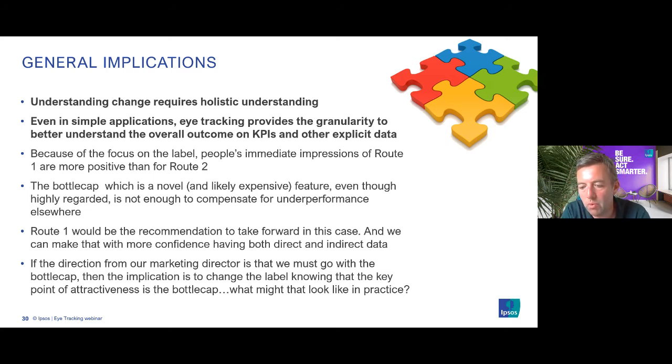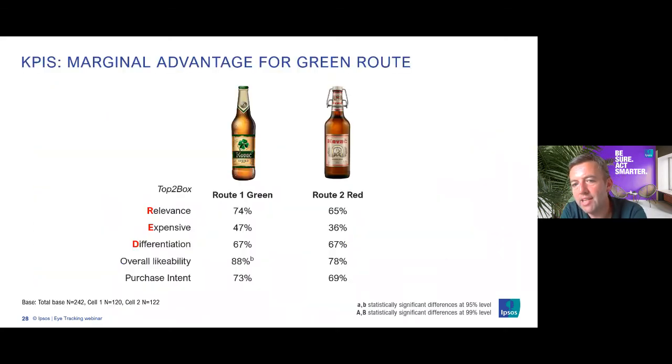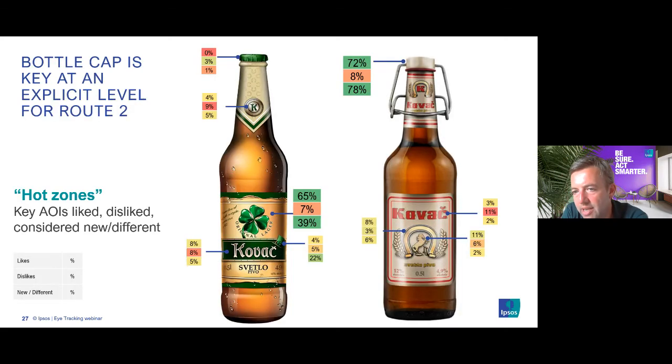So again, I really want to stress the point. If we ran this test purely at an explicit level, we would see an outcome like this, like directionally higher KPIs, but we'd see this result as well. So this result really says that, well, I don't really understand why route 2 is not doing better, because the cap is doing so well.